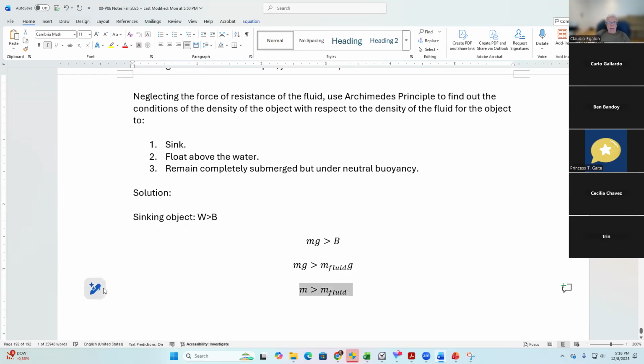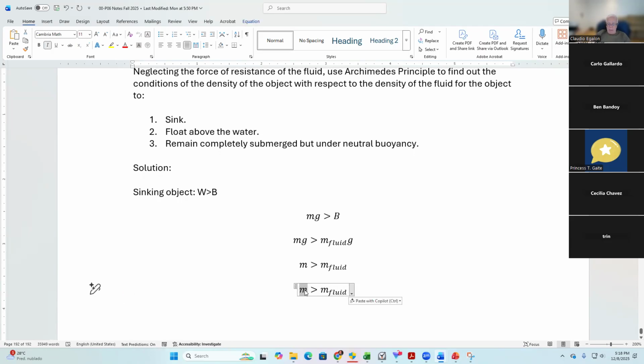We do know that the mass on the left side can be written down in terms of its density and its volume. The same thing can be said about the mass of the fluid: the density of the fluid times the volume of the fluid.